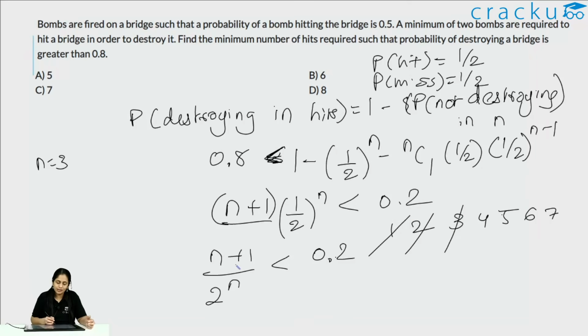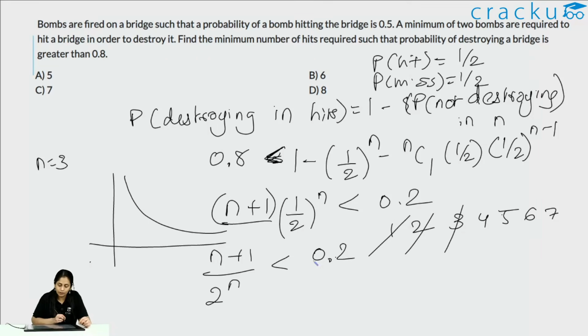Remember, as n increases, the numerator increases linearly while 2 raised to n increases exponentially. So the value of this function is going to fall as n increases. At 3 it is equal to half, so that obviously does not satisfy the condition.